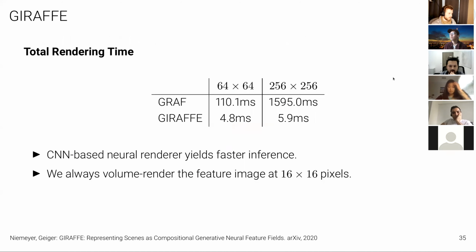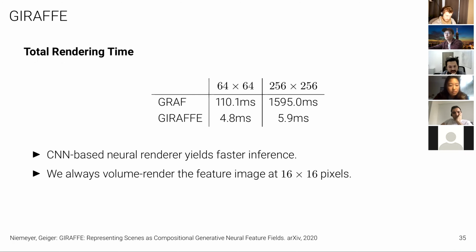Okay, so I think this is well answered. Another aspect that we wanted to improve upon is the rendering time. And here we can see, probably not really surprising, but still quite cool, that by combining volume rendering with a CNN-based neural renderer, we really get a significant speed up in rendering time.